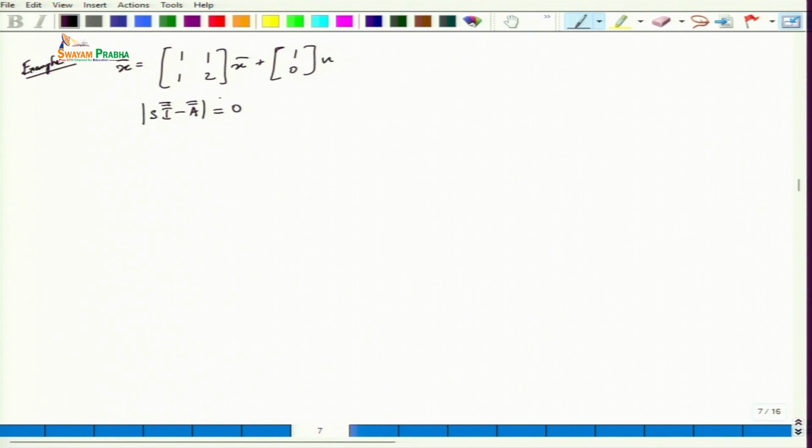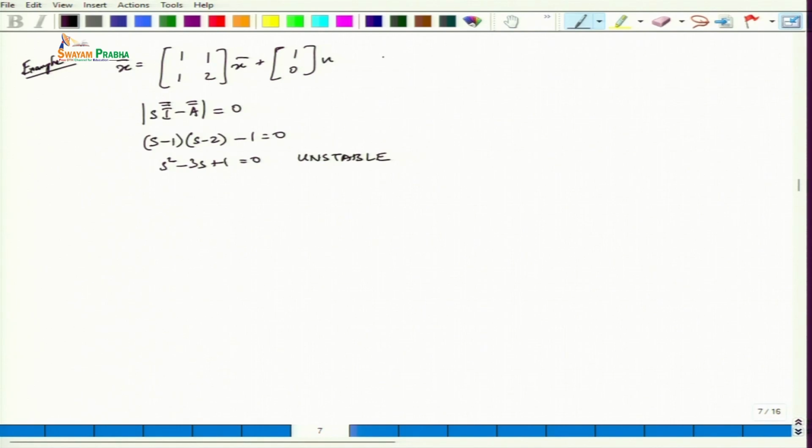To get the characteristic equation, we have to find the determinant of sI minus A and set that to 0. Based on that we get (s minus 1)(s minus 2) minus 1 equals 0. So we'll get s squared minus 3s plus 1 equals 0. As you can see from here, this system is basically unstable.